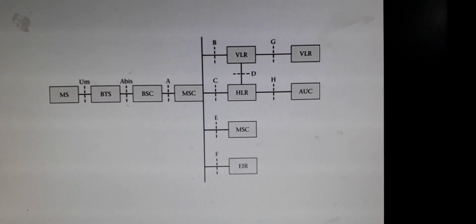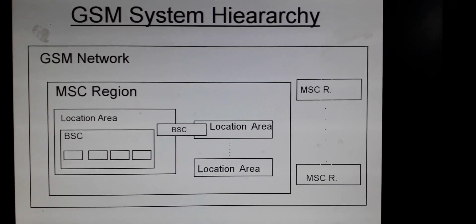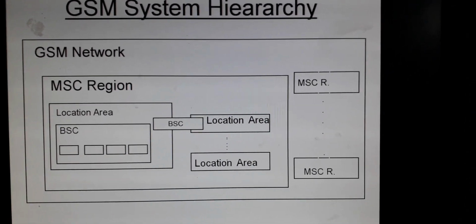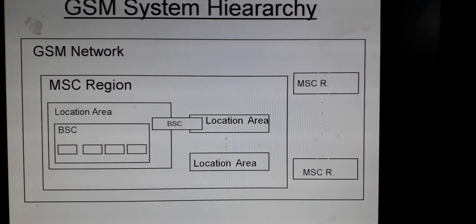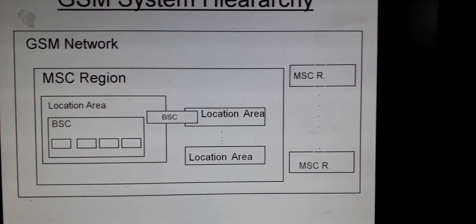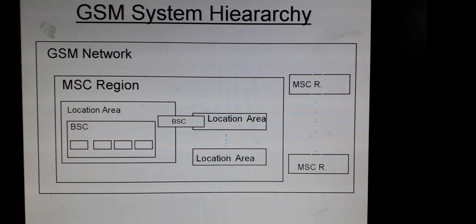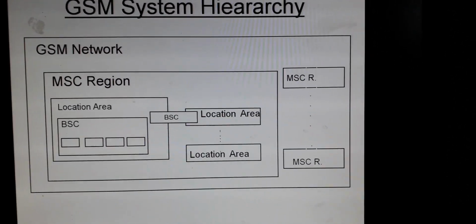Both cases are true. A GSM network involves MSC, which involves location areas, which involve BSCs, which in turn involve base stations. So an MSC is composed of a variety of location areas.